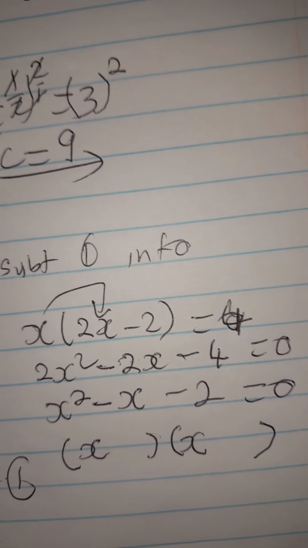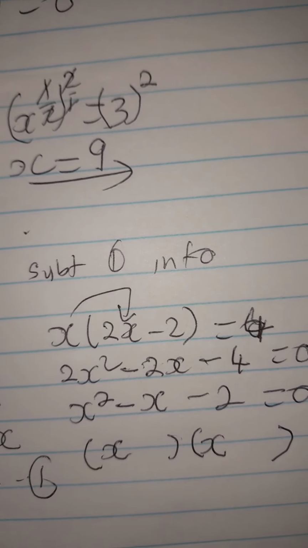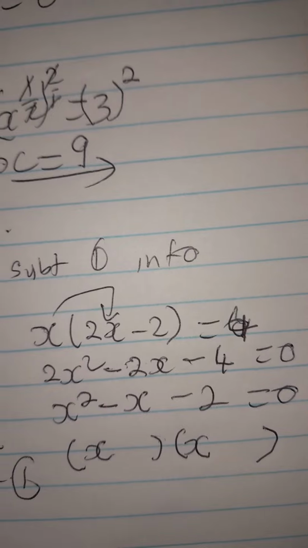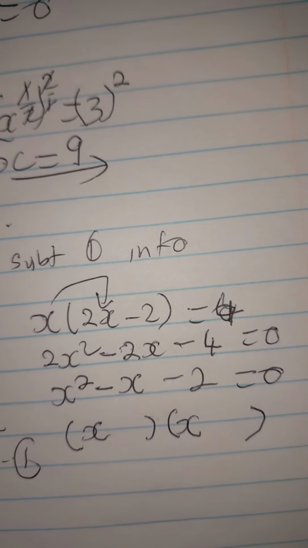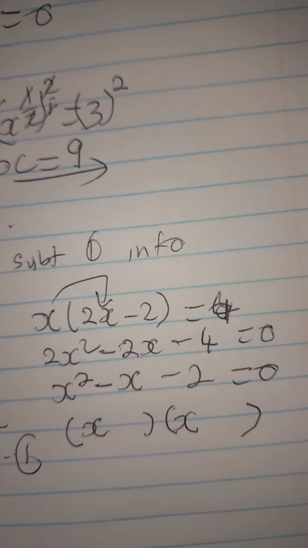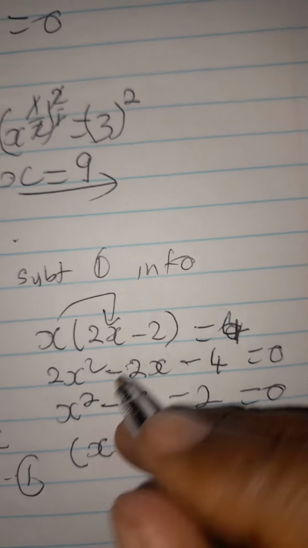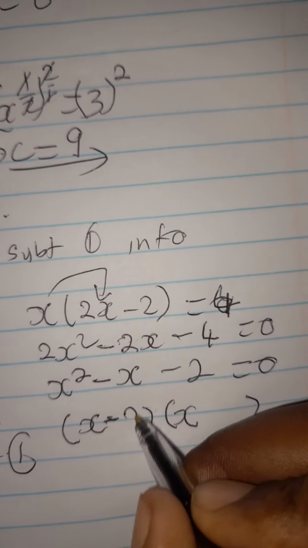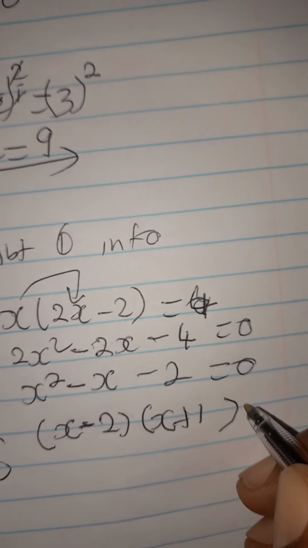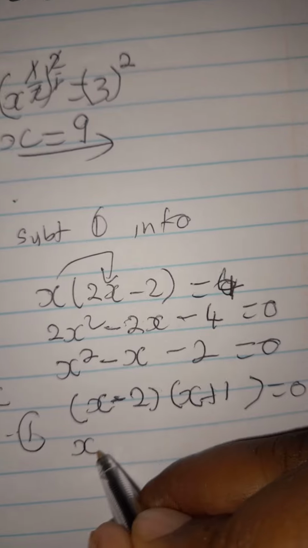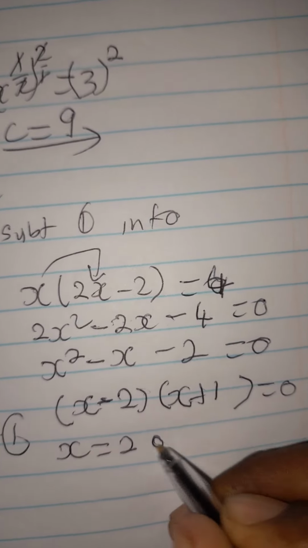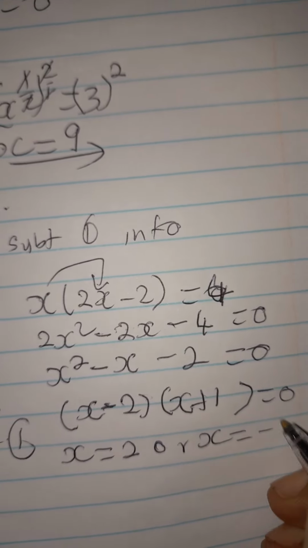We can say negative 2 plus 1. The factors of 2 is 2 and 1, right? Negative 2 plus 1 will give us negative 1. So in this case, we can have x minus 2 and x plus 1 equated to 0. So be very careful. Then when we equate it to 0, we are going to get x is equal to 2 or x is equal to negative 1.